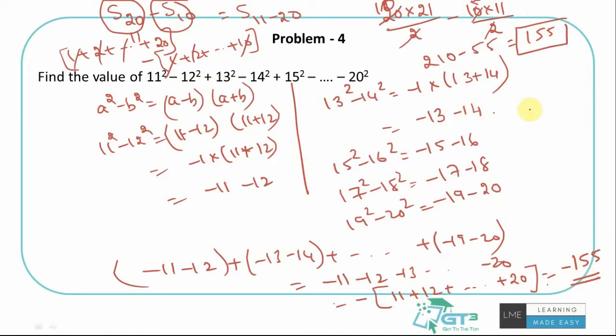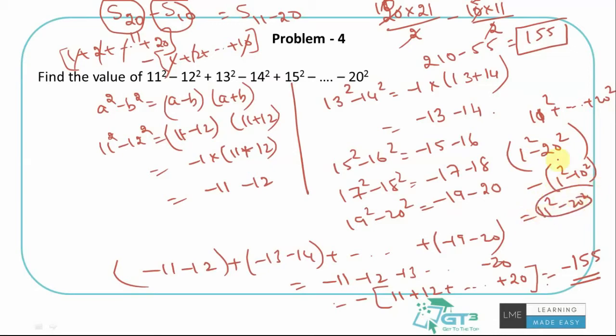Similarly, if a question asks to find the value of 11 square to 20 square, I know the formula for the first 20 squares. I subtract 1 square to 10 square, then I'll get 11 square to 20 square, right? That is how we keep doing for these things.